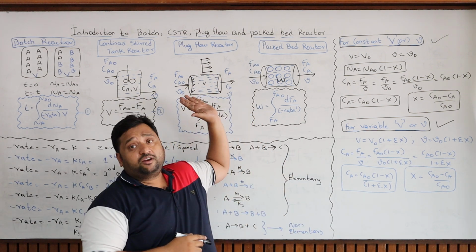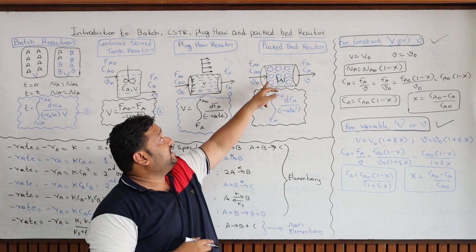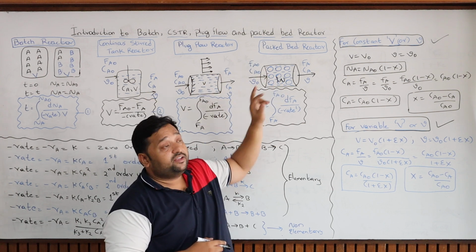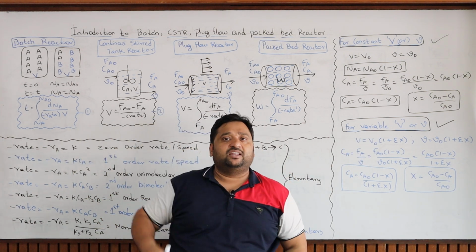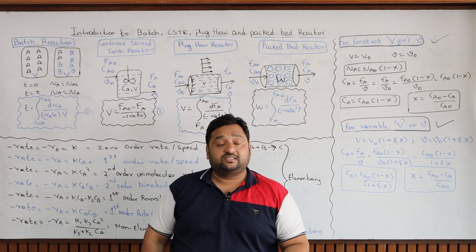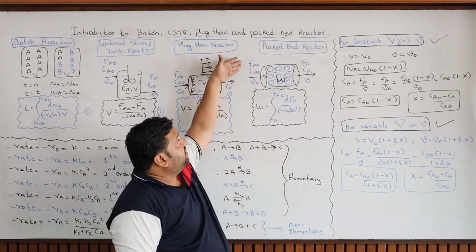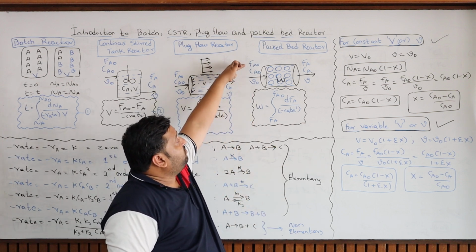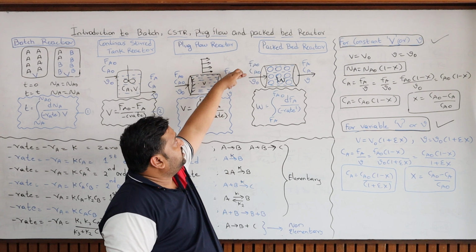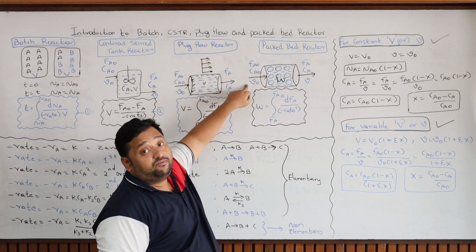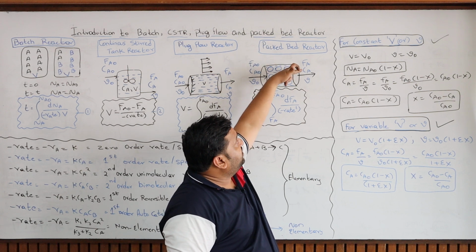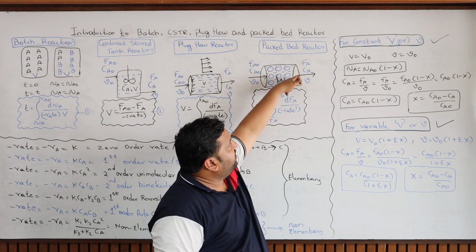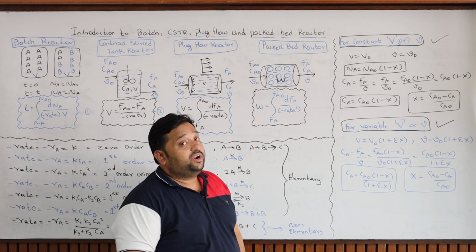The packed bed reactor is kind of similar to the plug flow reactor, but here the catalyst is there. Imagine a long pipe filled with a catalyst. Now the reaction happens on the catalyst. In such cases, the initial molar flow rate of A is Fa0, the initial concentration of A is Ca0, the initial volumetric flow rate is nu0, the final molar flow rate is Fa, the final concentration of A is Ca, and the final volumetric flow rate is nu.